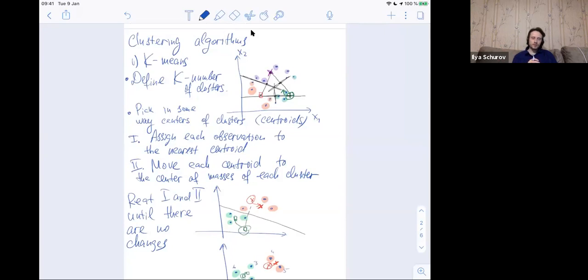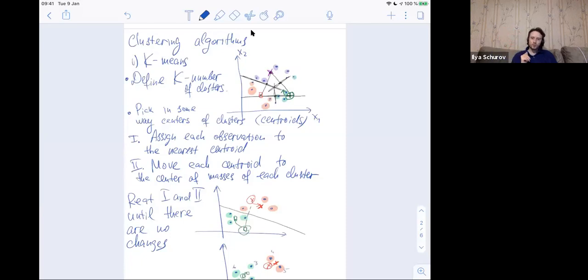This can be seen as a kind of dimensionality reduction algorithm. When you have some multidimensional data, but you want to replace these multidimensional rows with something very simple, like just one categorical value, that this data point belongs to some cluster number 1, cluster number 2, cluster number 3.